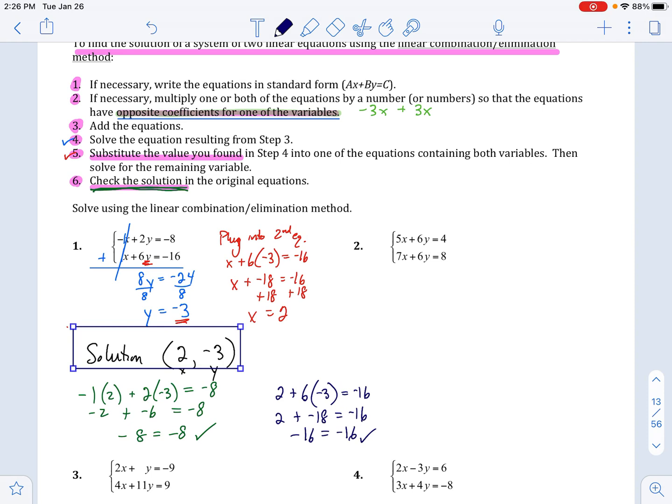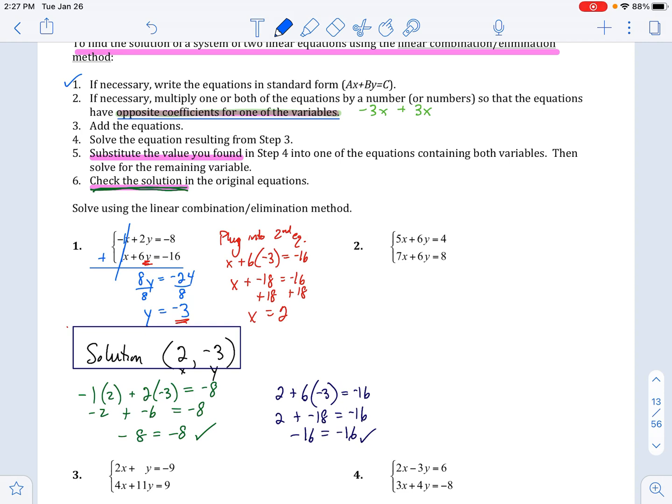Let's take a look then at problem number 2. Again, we walk through our steps. I'm going to eliminate some of these markings here so we can talk about these one at a time. But we want to double check. Are both equations written in standard form? We can say yes. Can we get a situation where maybe we have opposite coefficients on one of our variables?